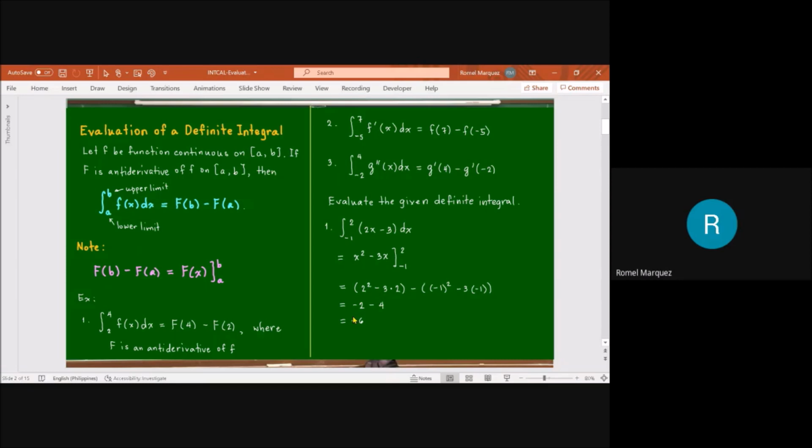Because the interpretation of a definite integral generally is the signed area of the region under the graph of f of x, above or below, no? And the region can be below the x-axis or above the x-axis. So that's the value, negative 6.